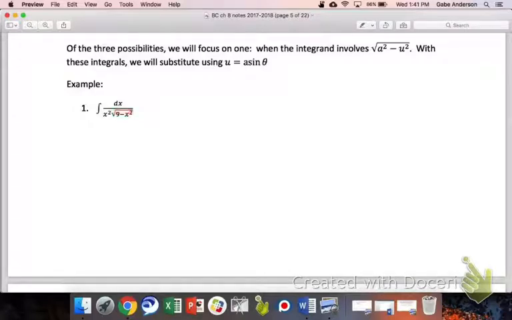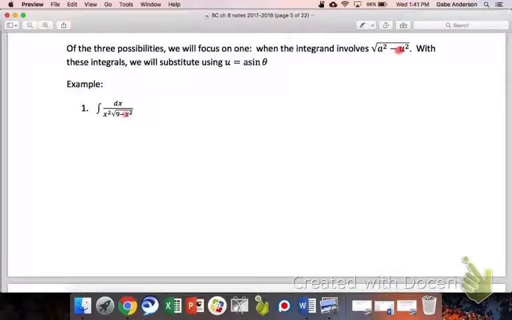We're going to use a u substitution where u equals a sine theta. So let's be clear about what our u is. For this particular question, what would you say the u would be? I've highlighted them for you.